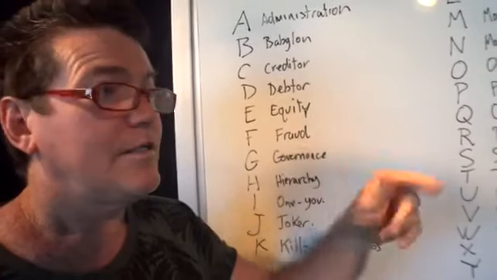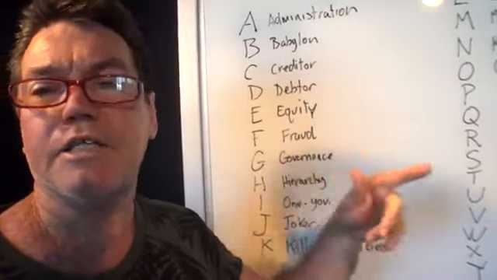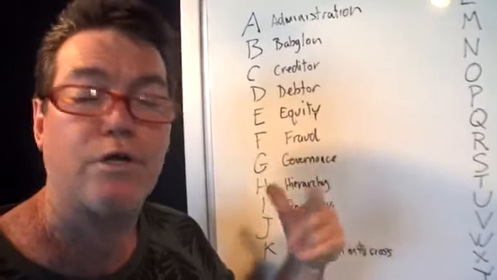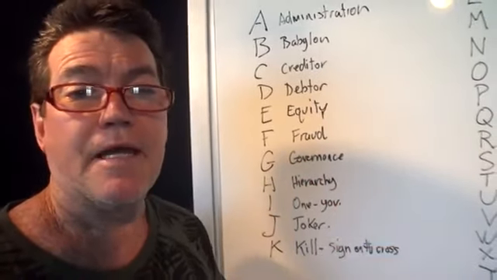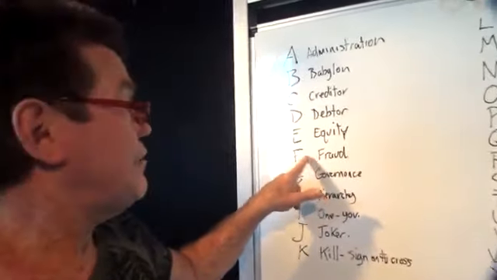The creditor only has a choice of going from creditor or debtor, creditor or debtor. And in that is what F, fraud.